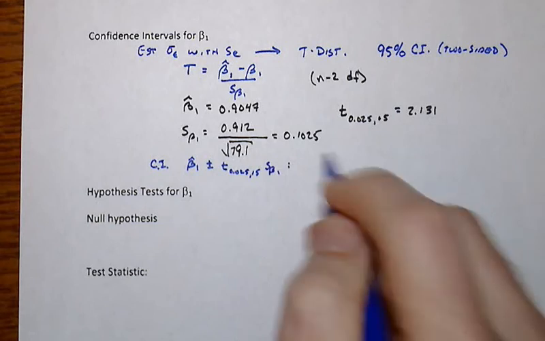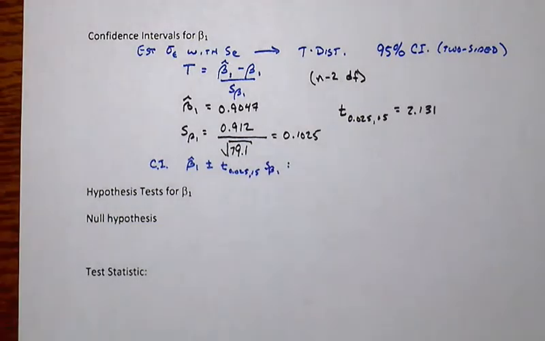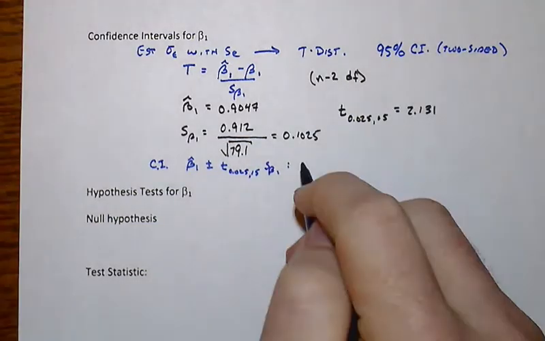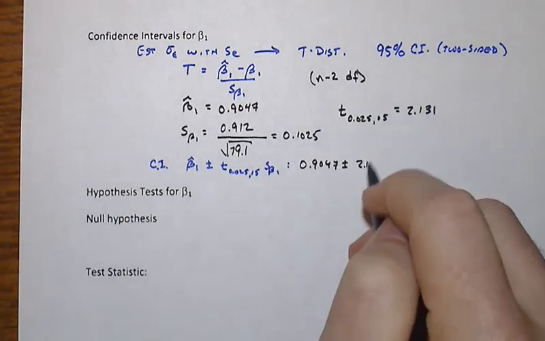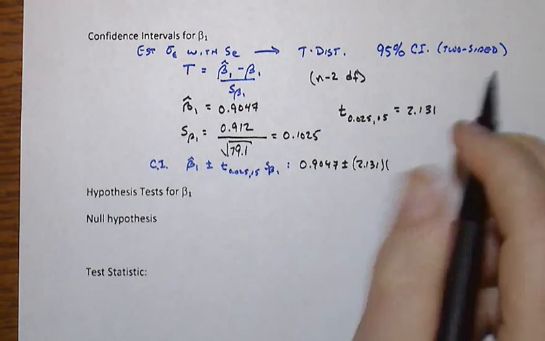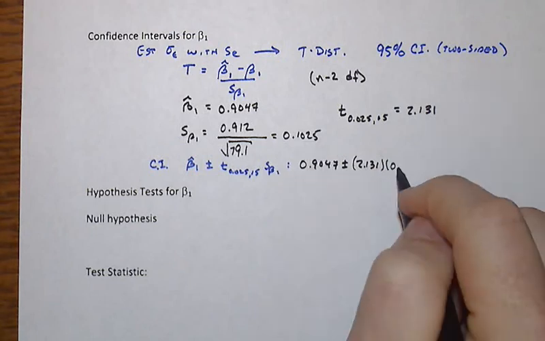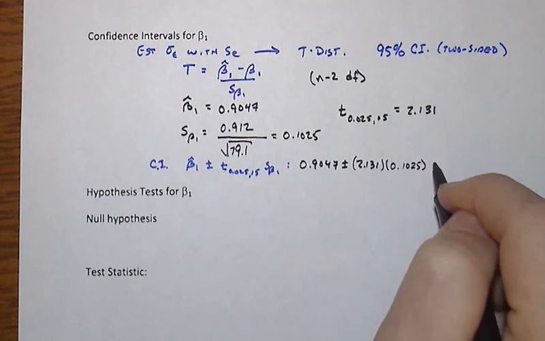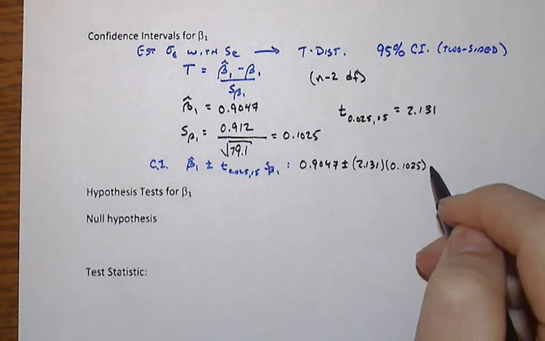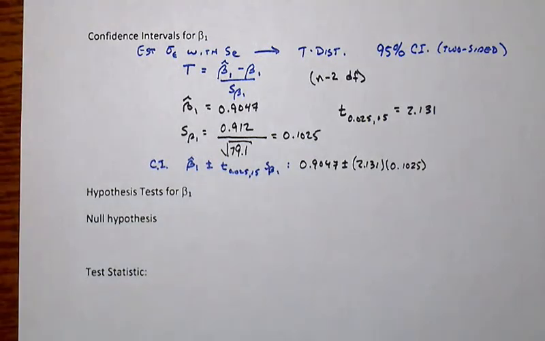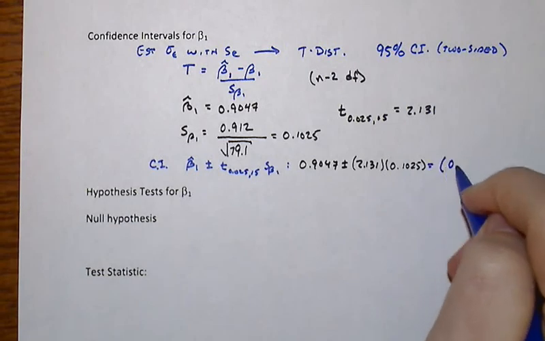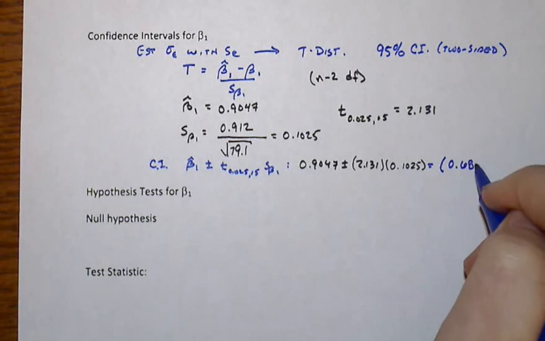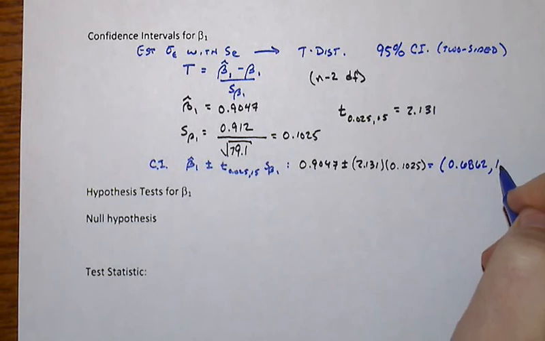So that will be 0.9047 plus or minus 2.131 times 0.1025. And that leads us to a confidence interval with a lower bound of 0.6862 and an upper bound of 1.1232.